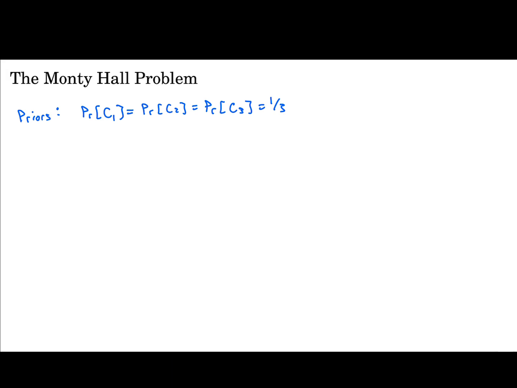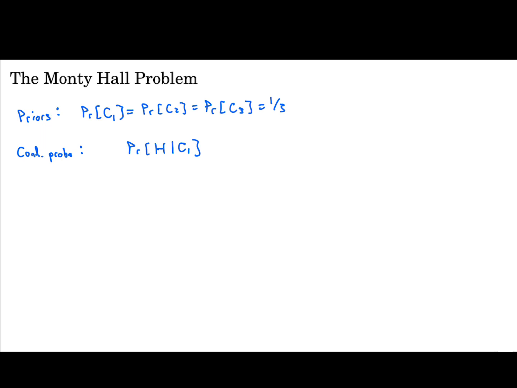And now we also need the conditional probabilities. So let's compute these. What's the probability that the host opens door 3, right, if the car is in door 1?